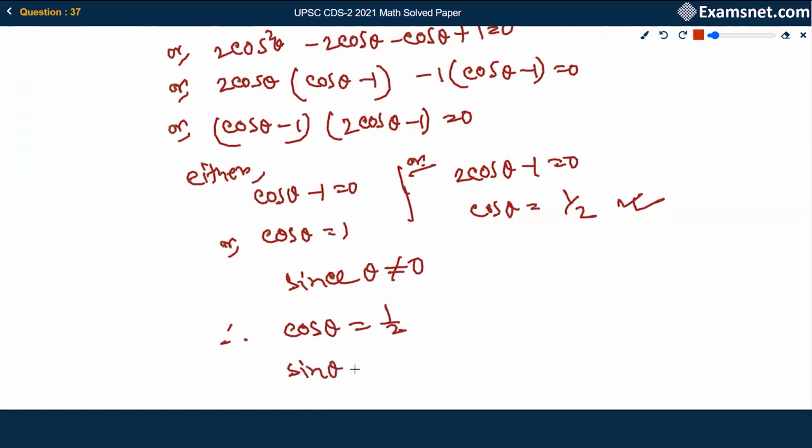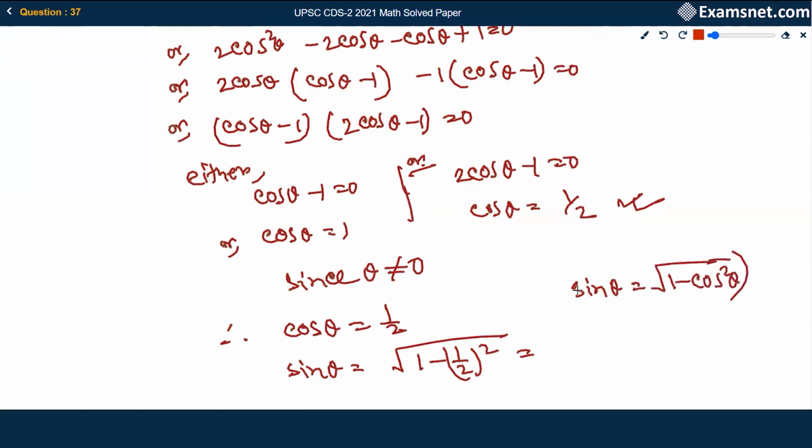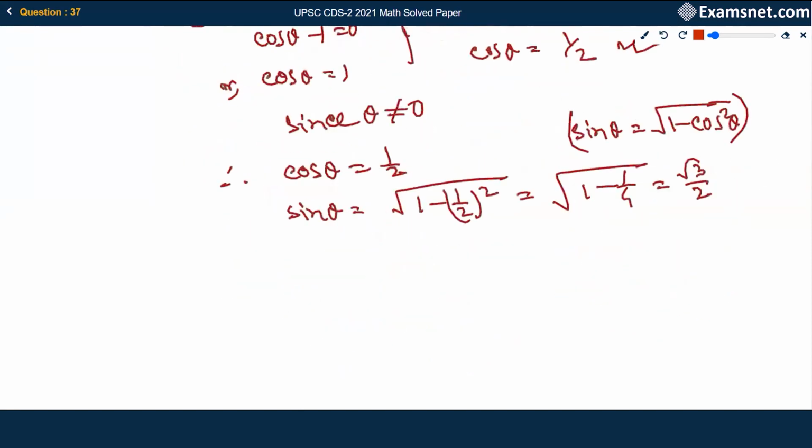We will get the value for sine theta from it, square root of 1 minus half whole square. It's coming from this formula, sine theta equals root under 1 minus cos square theta. So it results in root 3 by 2 for sine theta.